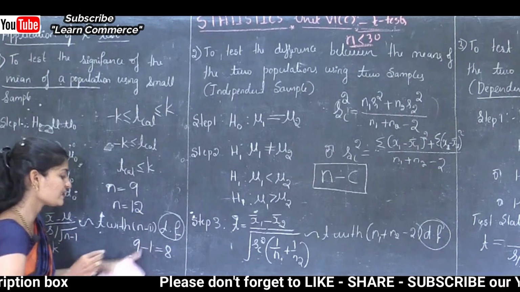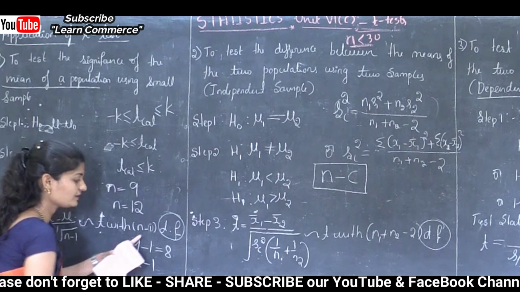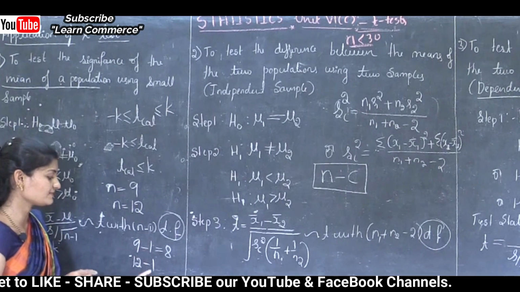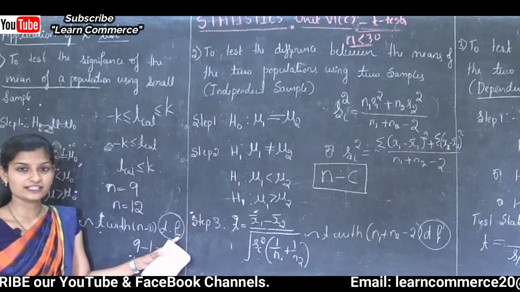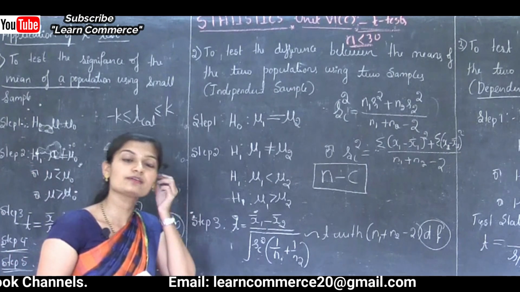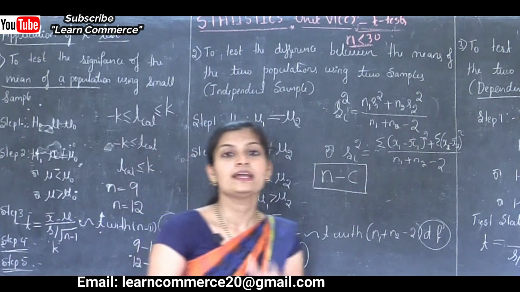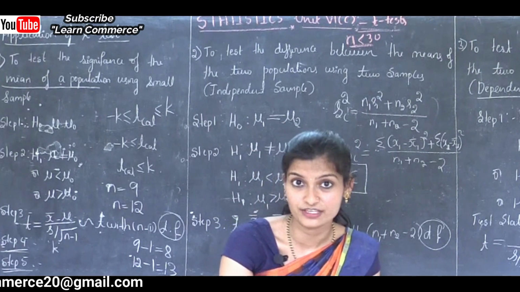Here n is 12 and 1 is given in the question. This is how we calculate degrees of freedom. Degrees of freedom is the number of independent observations.